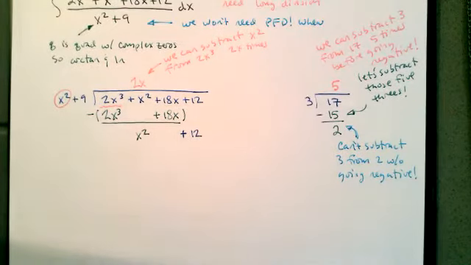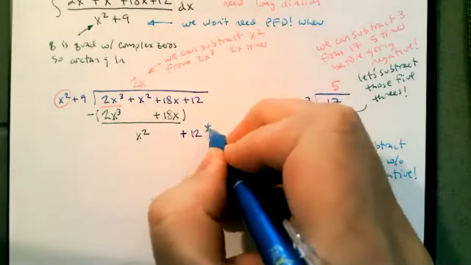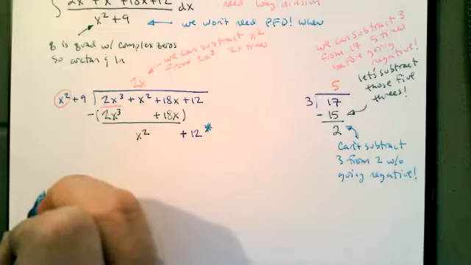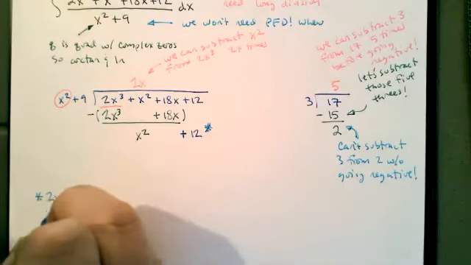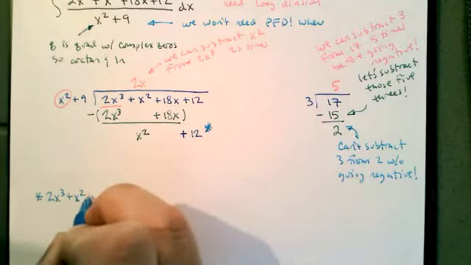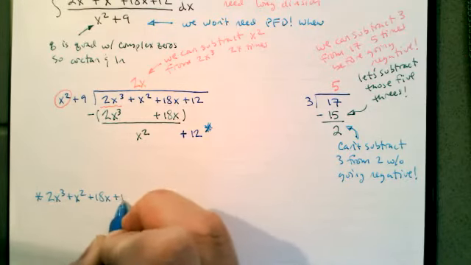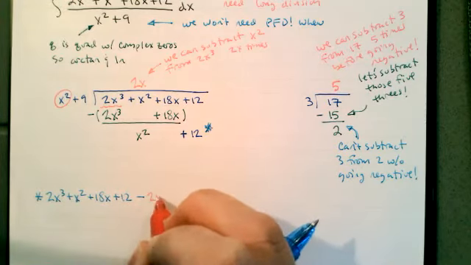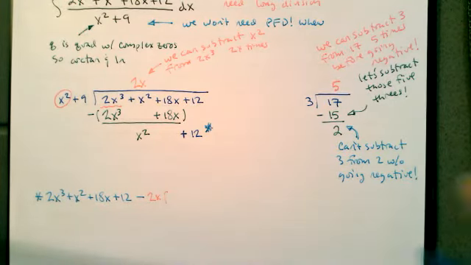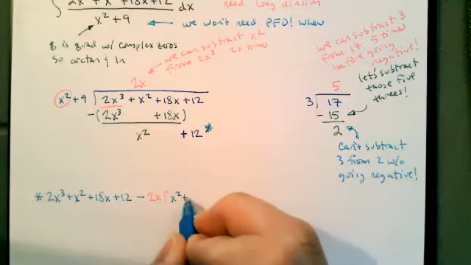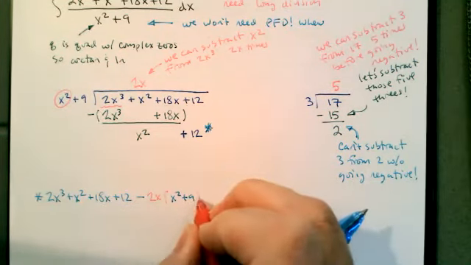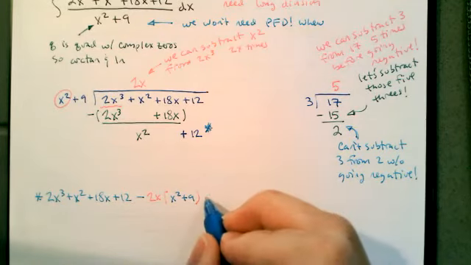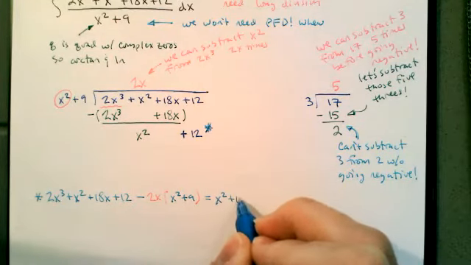That is us taking this line right here, the 2x cubed plus x squared plus 18x plus 12, and subtracting the 2x times x squared plus 9, and coming up with x squared plus 12.